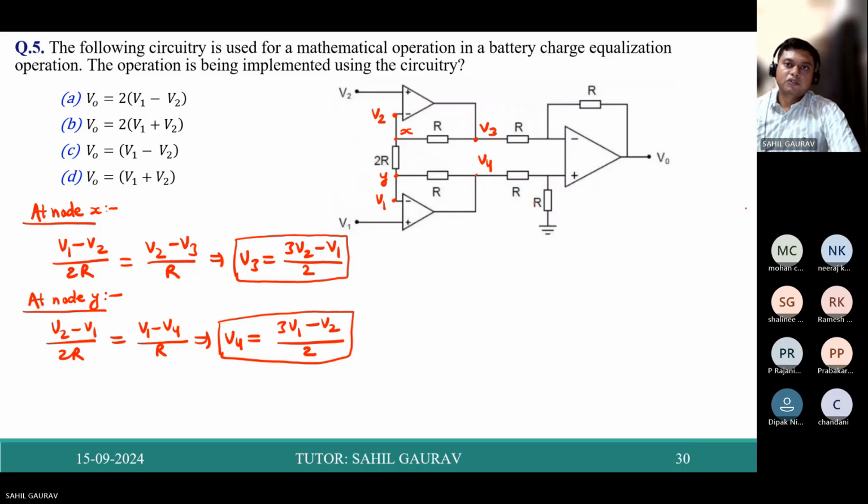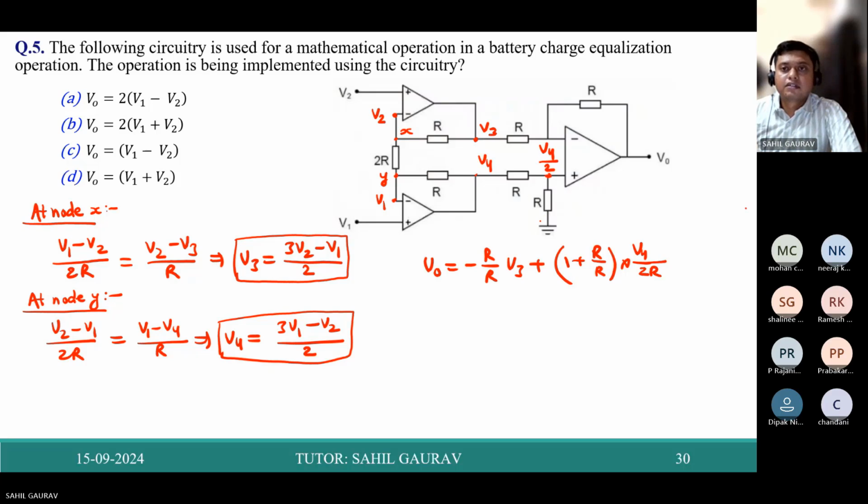Now the V0 voltage is quite simple. V0 will be minus R upon R into V3, plus the V4 term upon 2, so the expression will be 1 plus R upon R into V4 upon 2.